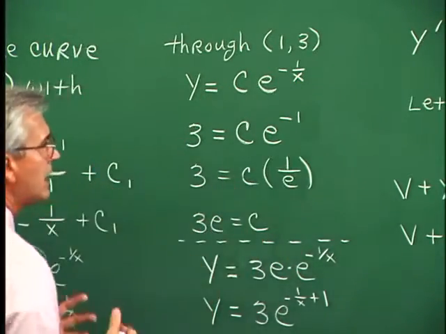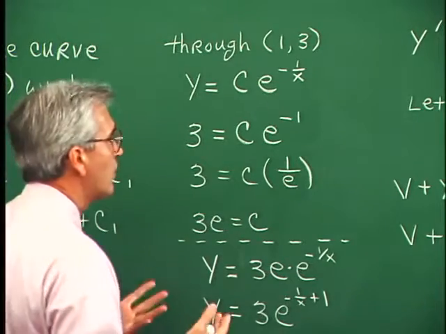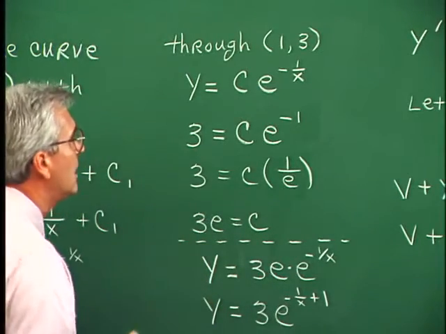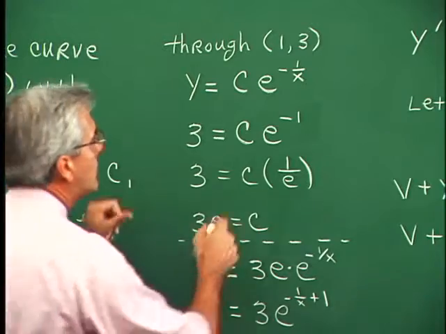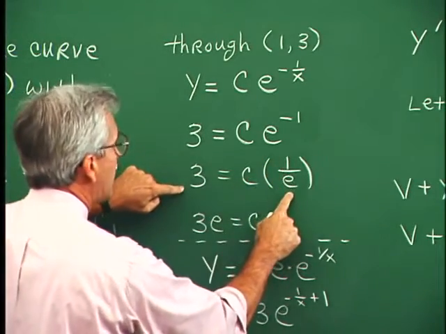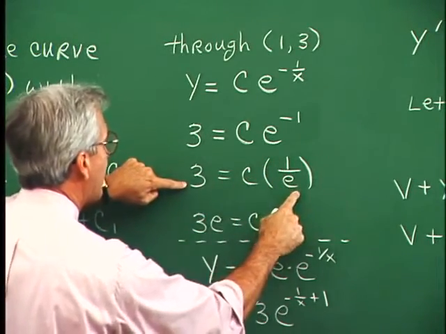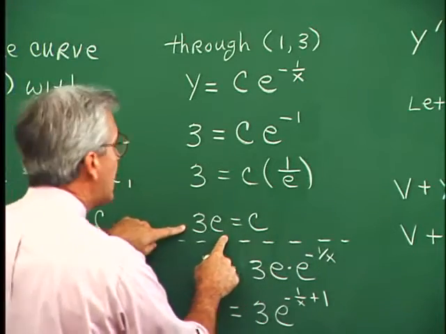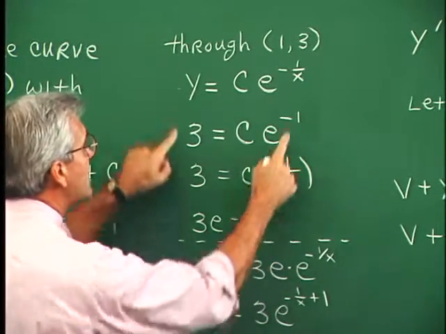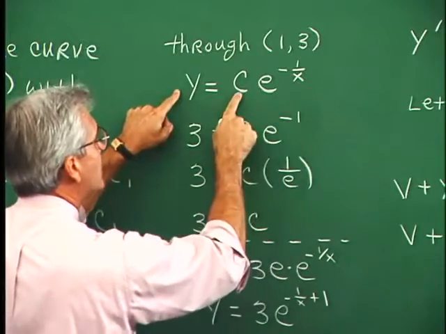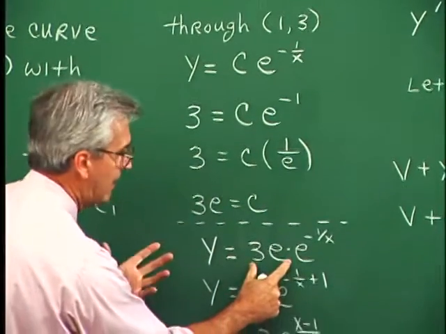And what we're doing here is solving this for c to give us that particular equation. All right, so this is 1 over e, multiply on both sides by e, we find c to be 3e.